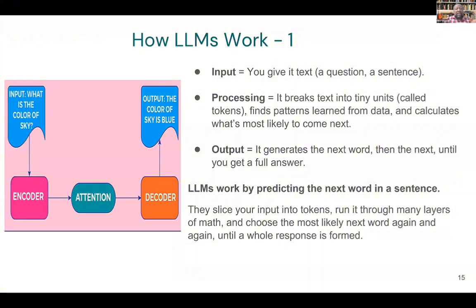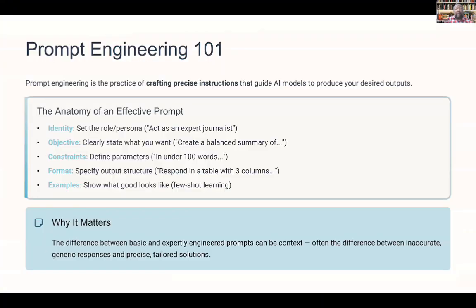Now, before we get into prompt engineering, let us practice what I call output thinking. I need answers. What kind of answers do I need from a large language model?